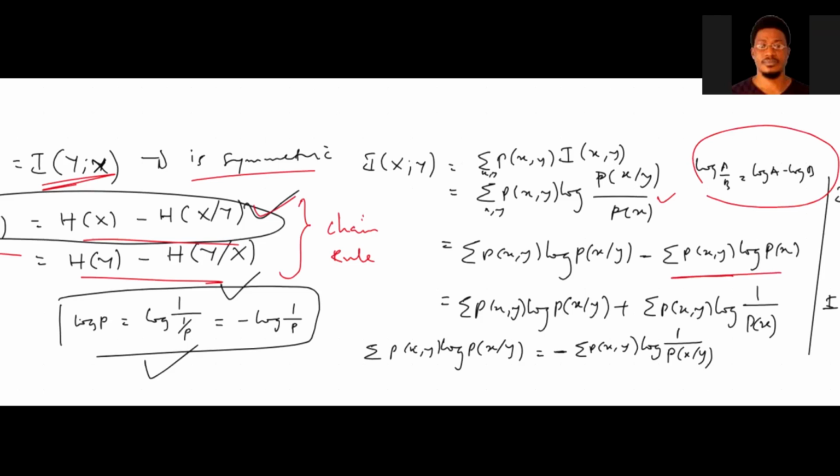So we can say minus sigma P of XY log P of X. And then this reduces to sigma P of XY log P of X given Y plus sigma P of XY log 1 over P of X. We just took care of the minus, so we now have this inverse. We are still writing the same thing.